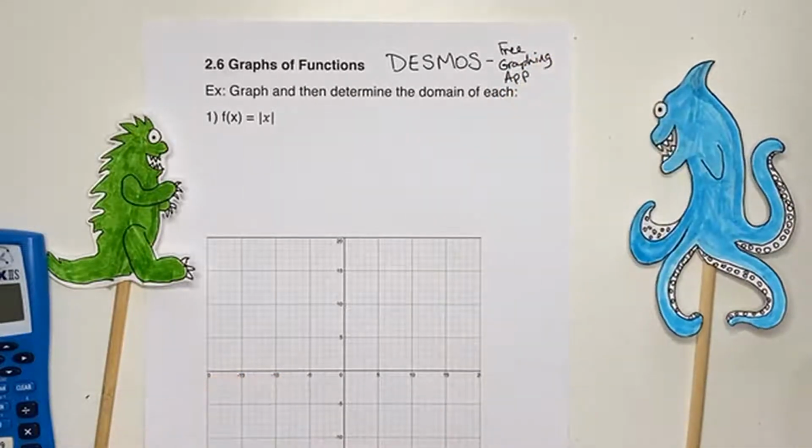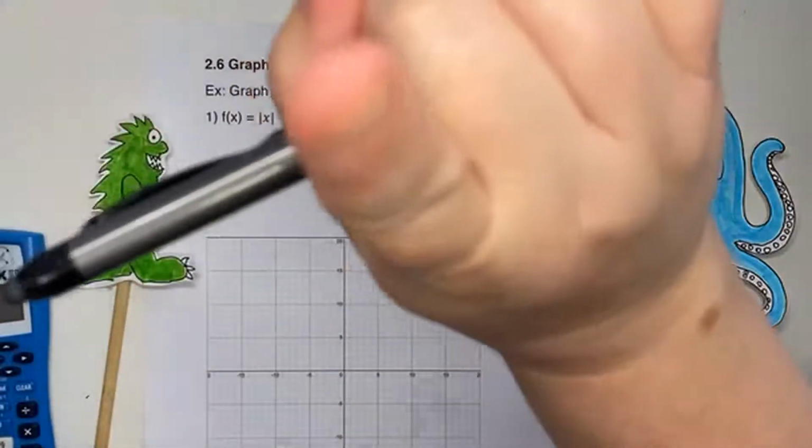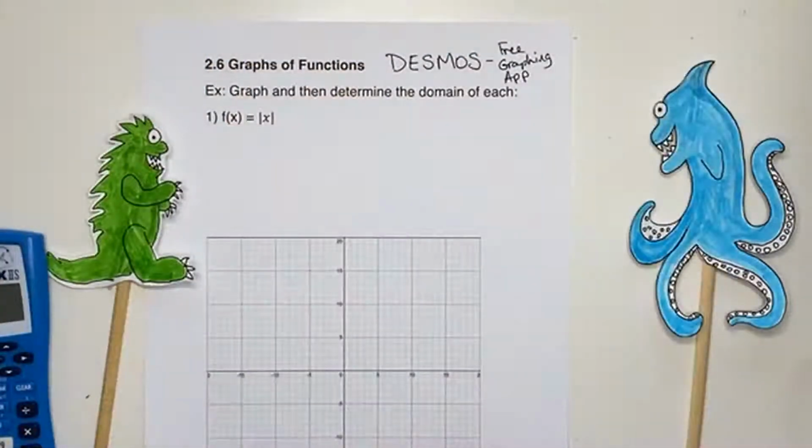If I weren't recording this on my phone, I'd be able to show you the graphing app right in front of you, but my phone is up there making this video. So I can't show it to you, but it is a graphing app. You can also just Google Desmos and you will get to the browser version. So you can use Desmos to graph in a browser or as an app.